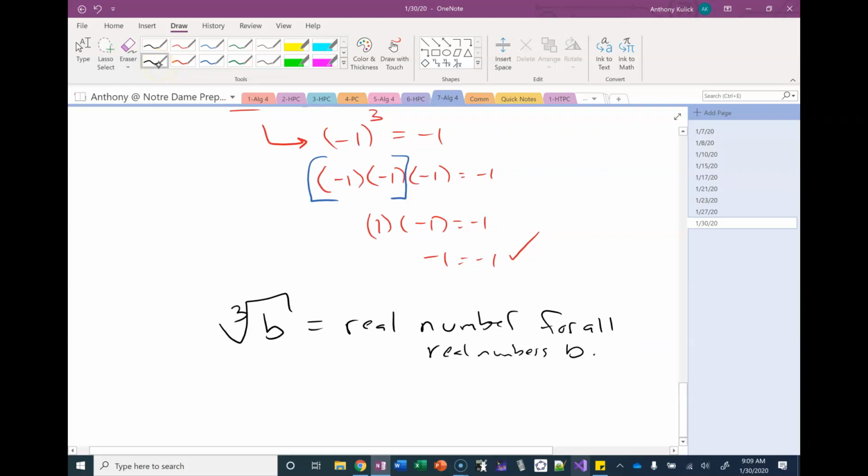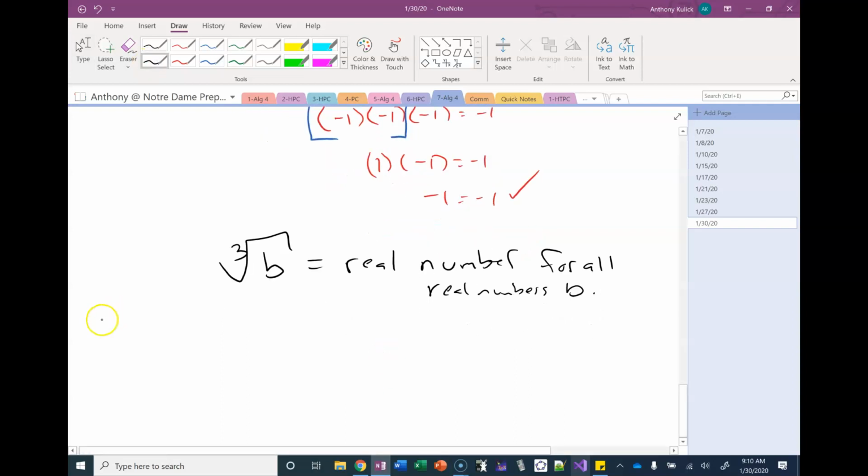Okay. So we've seen sometimes we can take the radical of a negative number, and sometimes we can't, right? In the case of square roots, we can't square root negatives. But in the case of cube roots, we can cube root negatives. It would be nice to predict when that was going to work and when it wasn't. Do you guys have any intuition as to when we can take the radical of a negative and when we cannot?